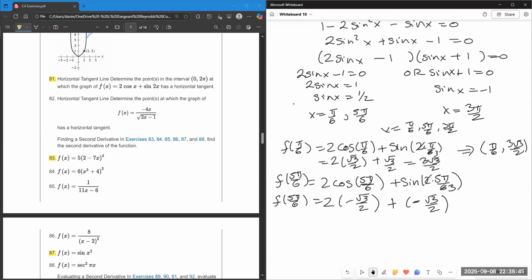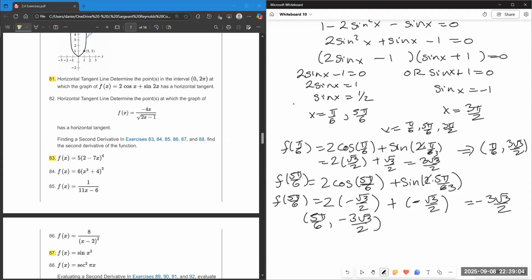So that's going to be -2 minus 1 is a -3 √3 over 2, giving me an ordered pair here of 5 pi over 6, -3 √3 over 2 for a point of horizontal tangency.